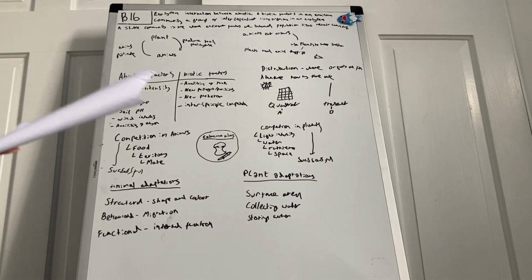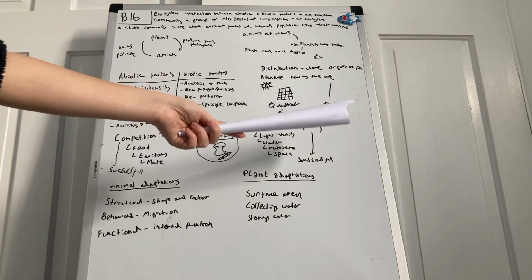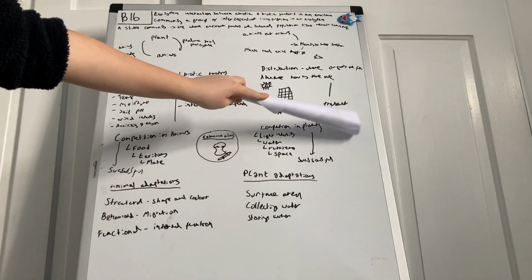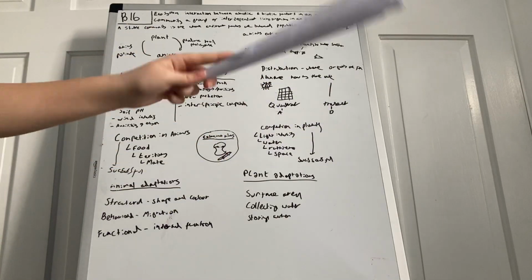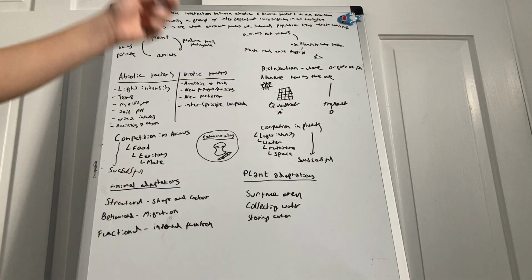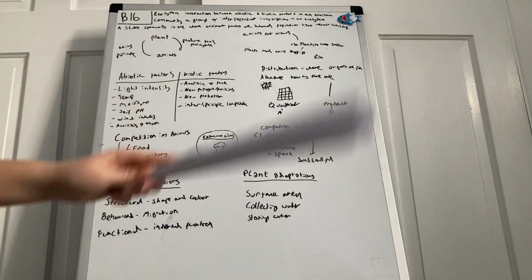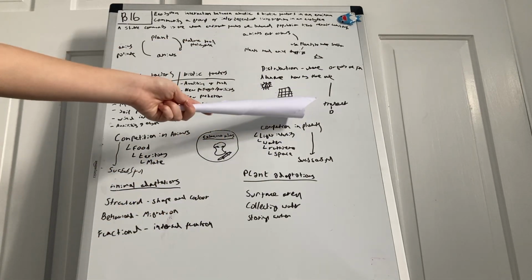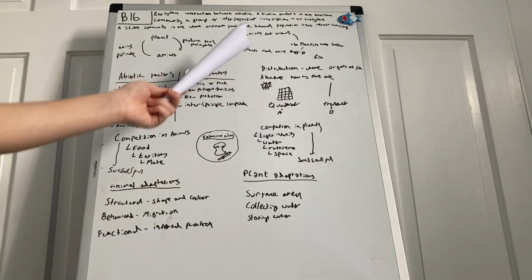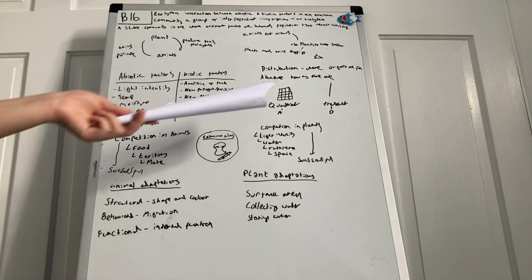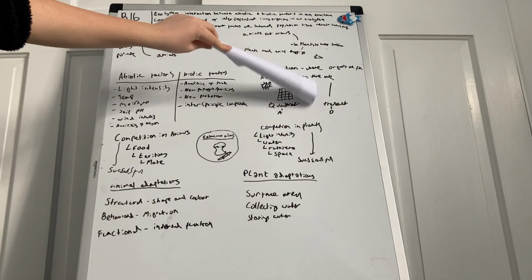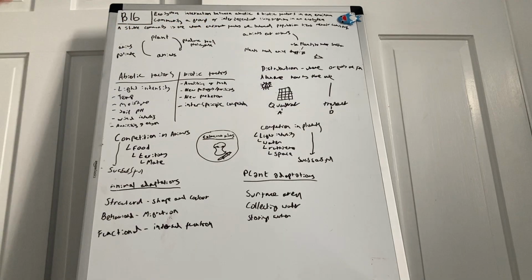This is more relevant if you wanted to measure the distribution of a specific plant along a specific area. So if I wanted to measure the distribution of daisies from the river into the forest, I would utilize a transect for that one, right?